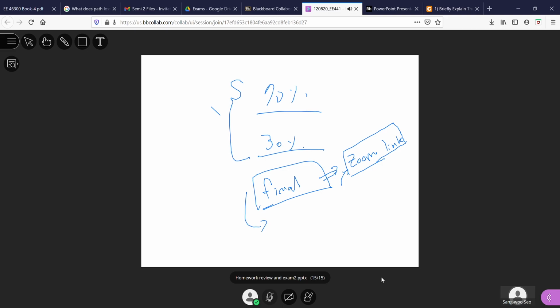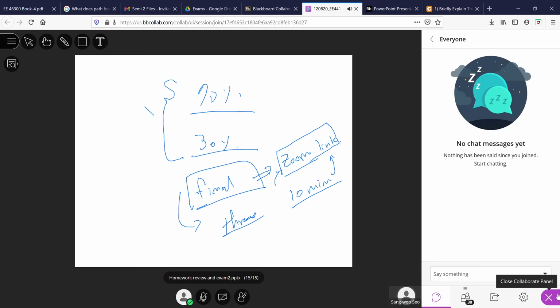Now for the final, you can have this formula sheet allowed. I'm hoping that at least 10 minutes before the exam, you all join this Zoom link and turn on your camera, and I want to see that everyone is ready for the exam.